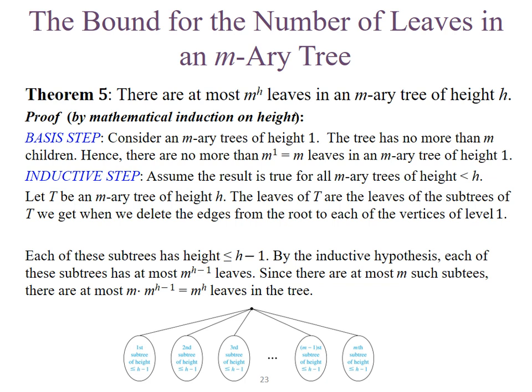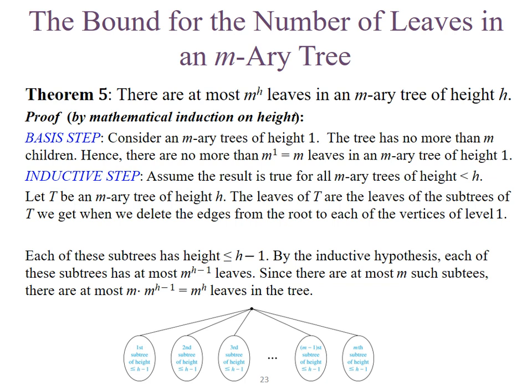So this is very easy if you consider that the subtrees have height h minus 1, then we can apply the inductive hypothesis. At most, we will have n to the power of h minus 1 leaves.